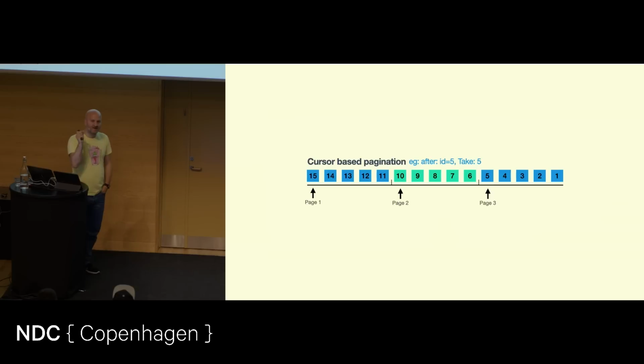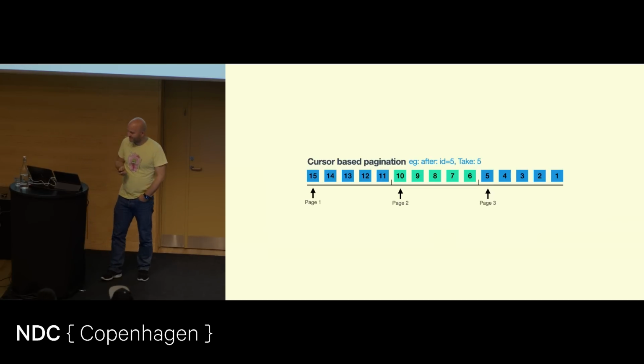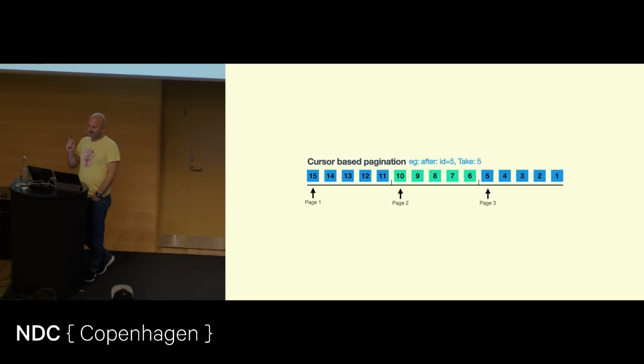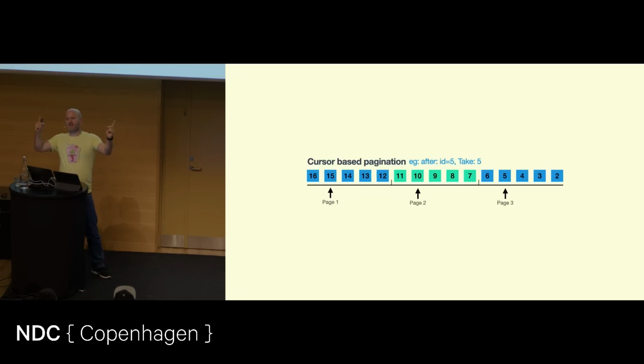So it takes your ID of the entity and essentially navigates from that ID. So in cursor-based pagination, we would say we take 5 items after the ID 5, the item with the ID 5. And as new data comes in, our pages actually move. So we don't get repeated data.